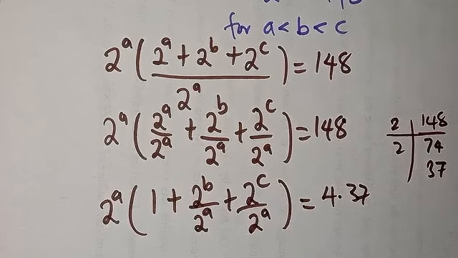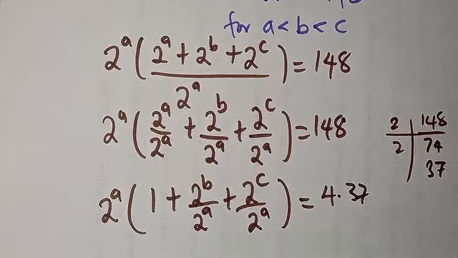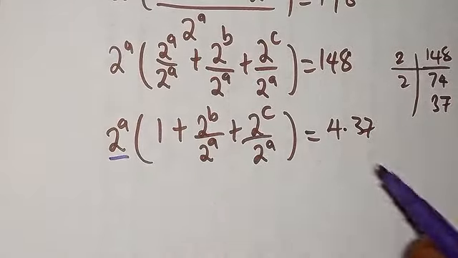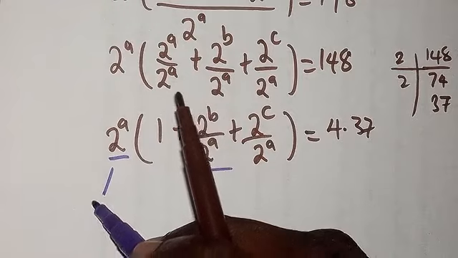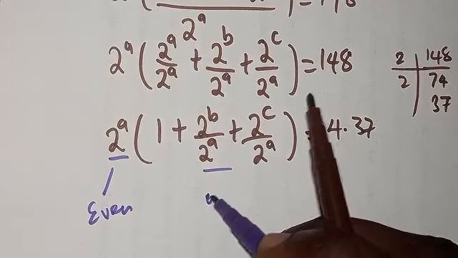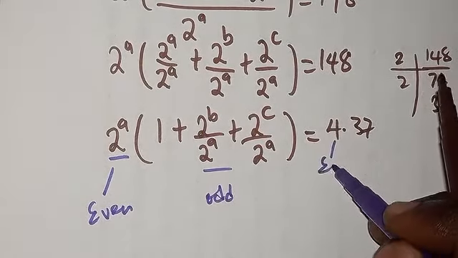Are you following? So now, as you can see, the next thing we are going to do here is that we have the 2 to the power a here, and all of this here. So this 2 to the power a is what? It is an even number, while this is an odd number. Everything inside the parentheses is odd, and this is even.